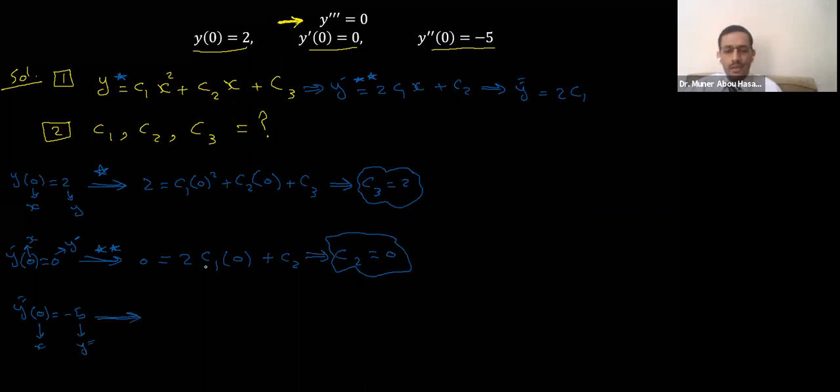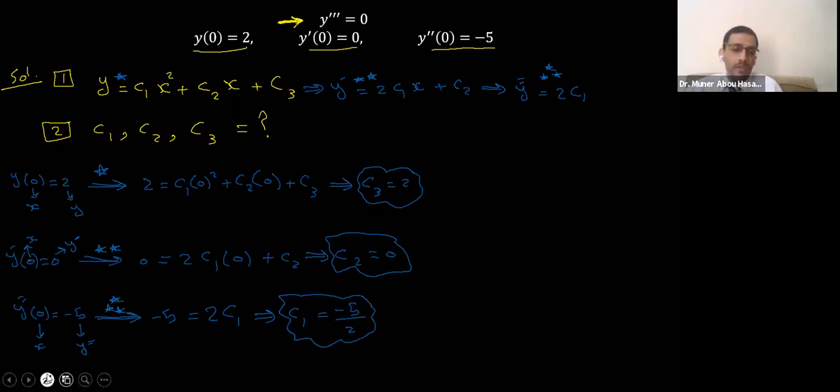In 3 stars, I'm going to plug in, instead of y double prime, I have -5, equals only 2c1. No x here. So c1 is -5 divided by 2. I found all my constants.